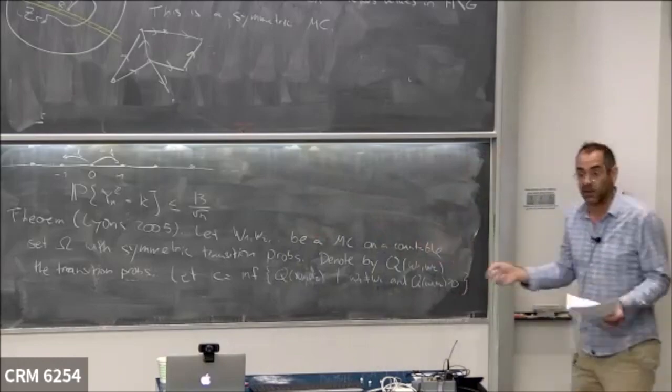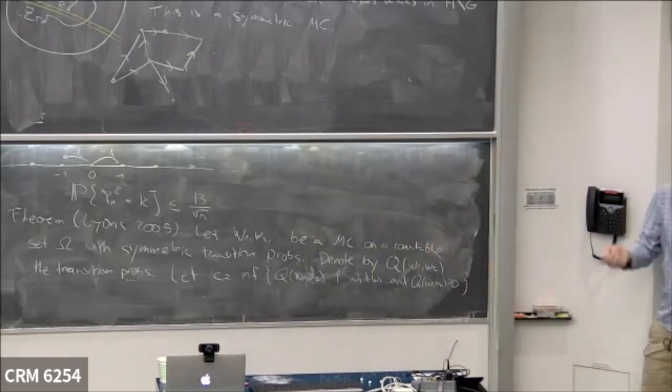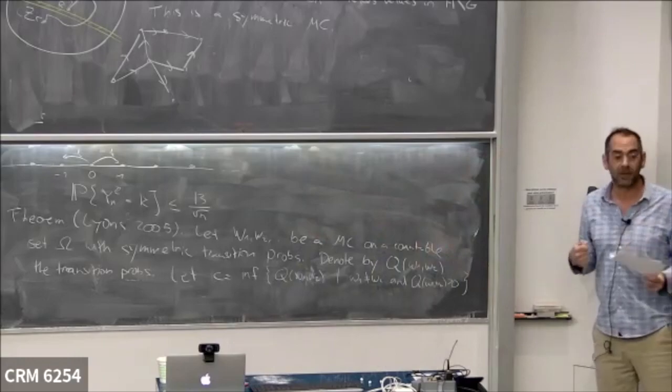So a lot of these transition probabilities are 0. I just want to take the lowest non-zero one.